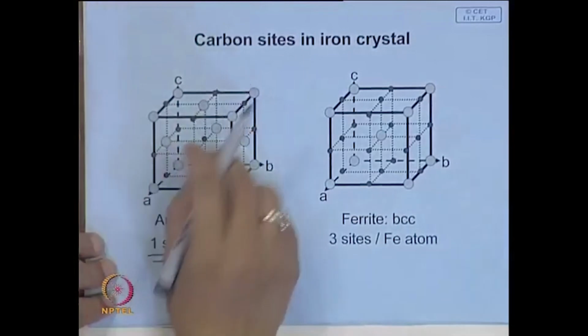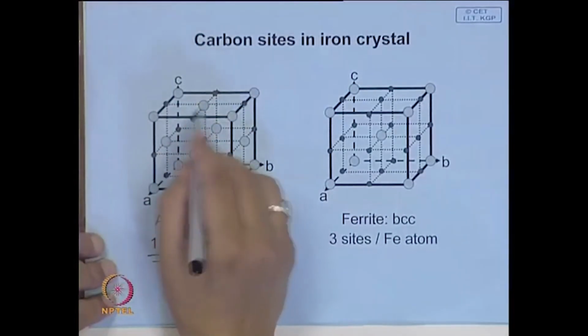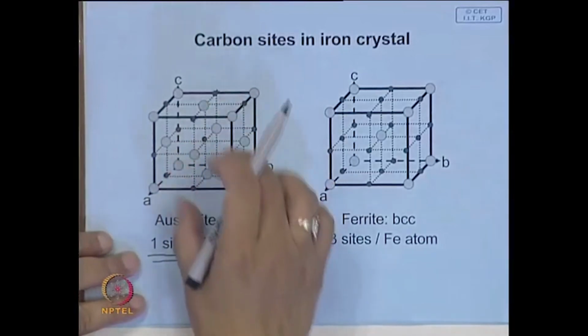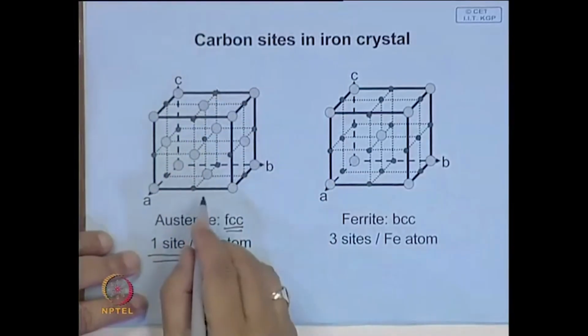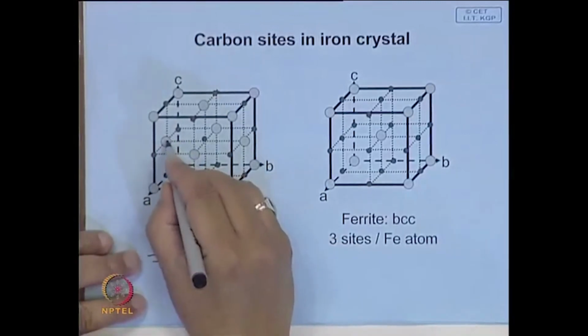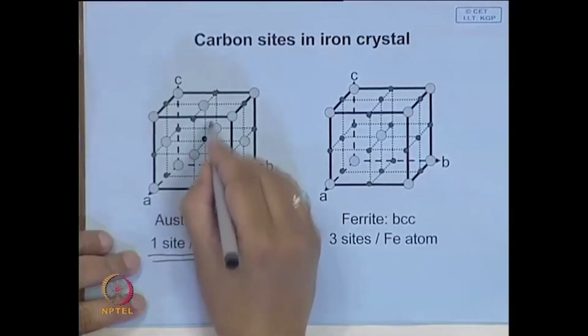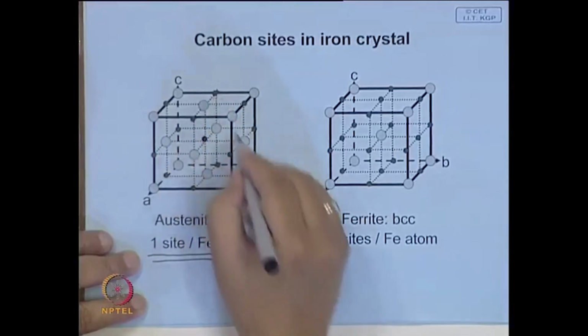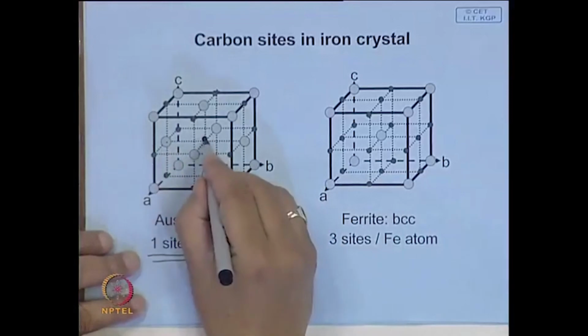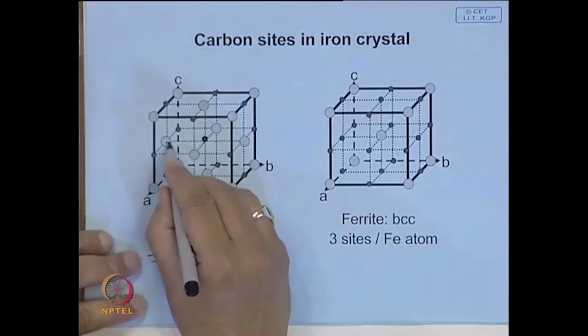So, if you put in a carbon atom here, there will be lattice distortion, and we have seen that the lattice distortion in this case is little less. It is symmetric in all directions. You look at this atom, the surrounding of all interstitial sites is exactly the same. Look at the atom and the site at the center of the face centered cubic.